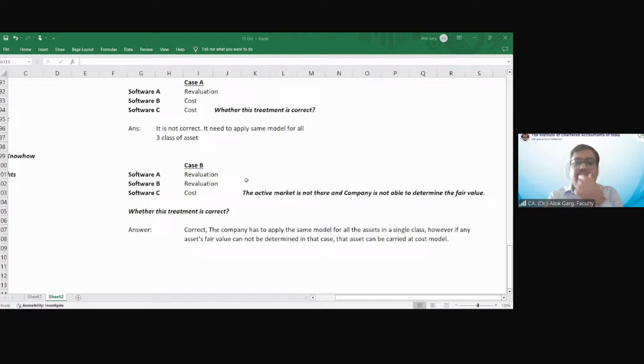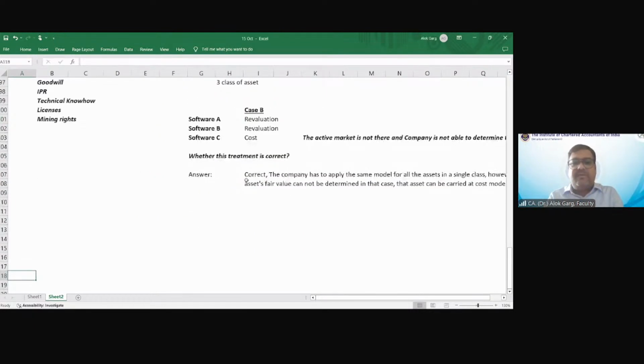So what is a cost model? What is a revaluation model? I have already covered this in Ind AS 16, so let me cover it again in Ind AS 38. Cost model, revaluation model. This cost model is based on cost at the time of transaction.